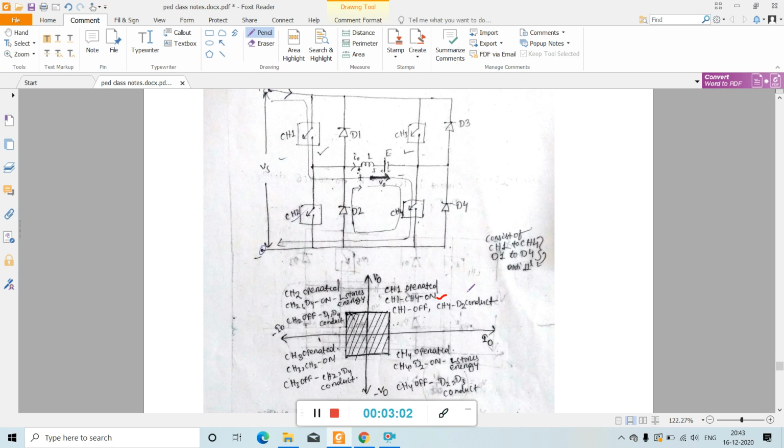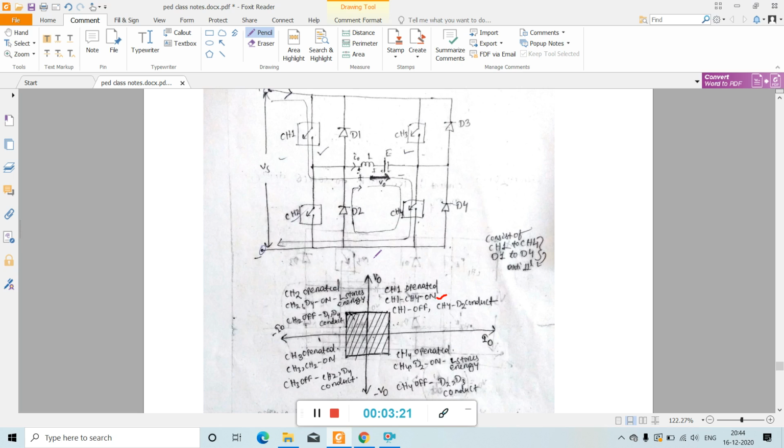So with chopper 1 and chopper 4 on, load voltage V0 is equal to Vs. That Vs is the source voltage. See, here the source is this much, and here the given I0 and V0 directions are assumed to be the positive direction. Okay, so see what happens.